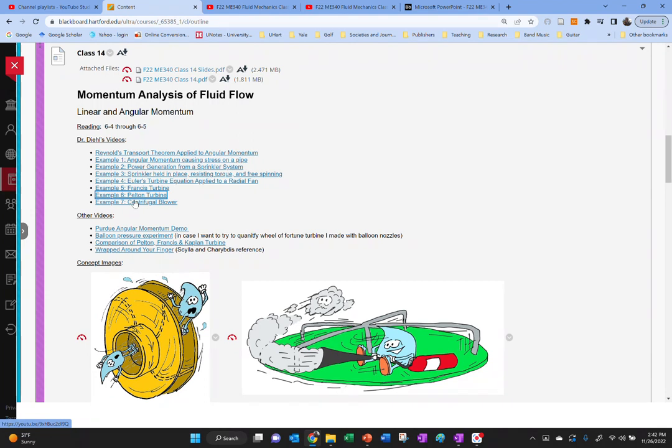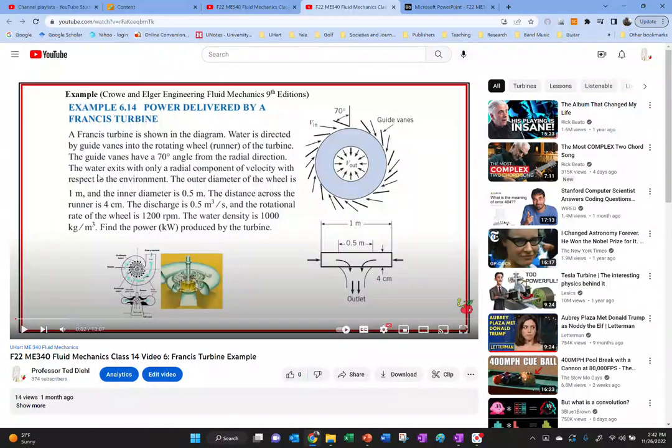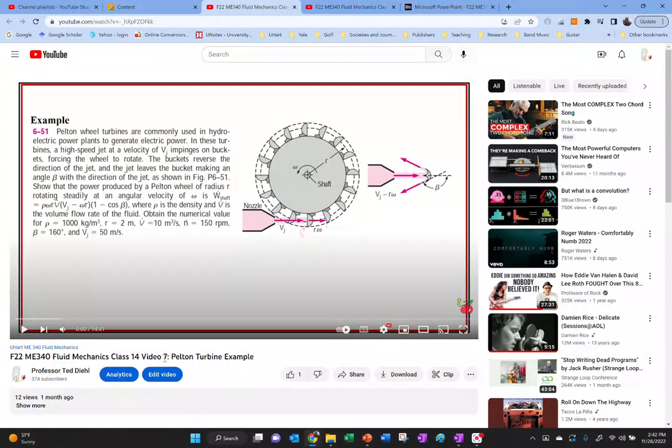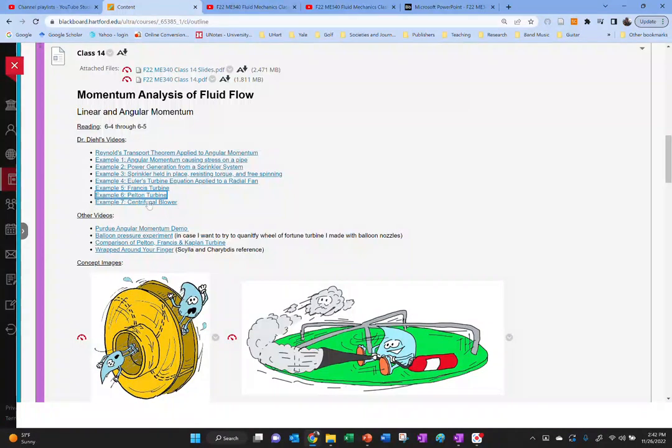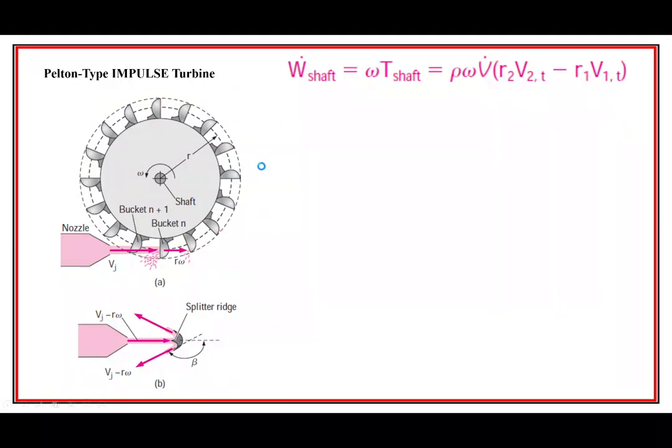So we're going to cover another example, but here are the videos that we have in class 14. Example 6, I think it's this one right here. That's the Francis. Example 7, video 7, which I think is example 6, right? Example 6 is video 7. That's confusing. Here is a Pelton turbine. And let's see, I'll minimize that.